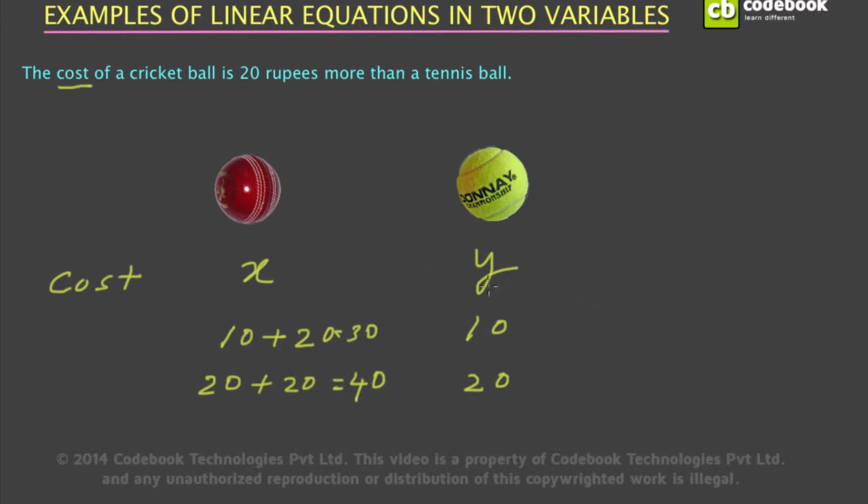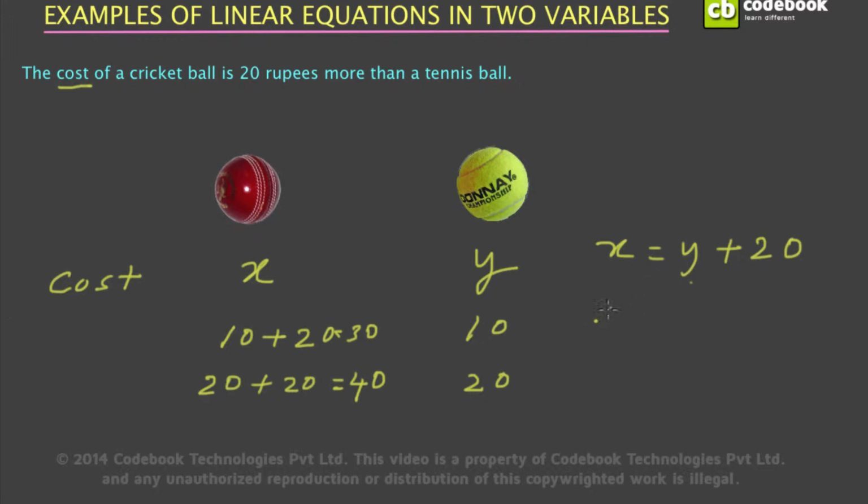So based on this, we can say that X is equal to Y plus 20. So if the cost of your tennis ball was 10, so Y would be 10 and 10 plus 20 is equal to 30. So this equation holds good.